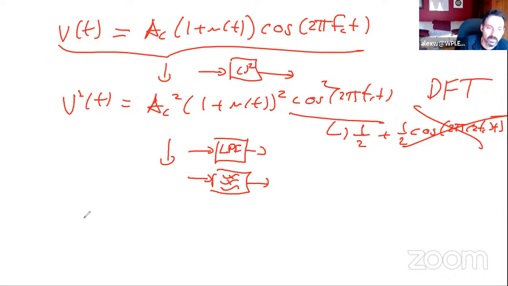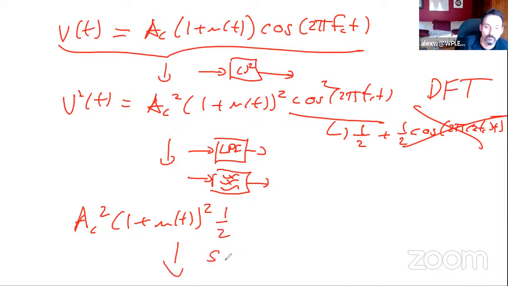So what we end up getting is AC squared 1 plus m of t squared times a half, and then use the square root in order to recover your m of t, and then the same thing that I talked about before. This technique assumes that you don't know exactly what FC is.